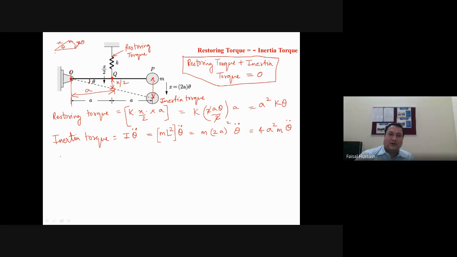Restoring torque is a square K theta plus inertia torque is 4 a square m theta double dot, which is equal to 0. a square can be common.